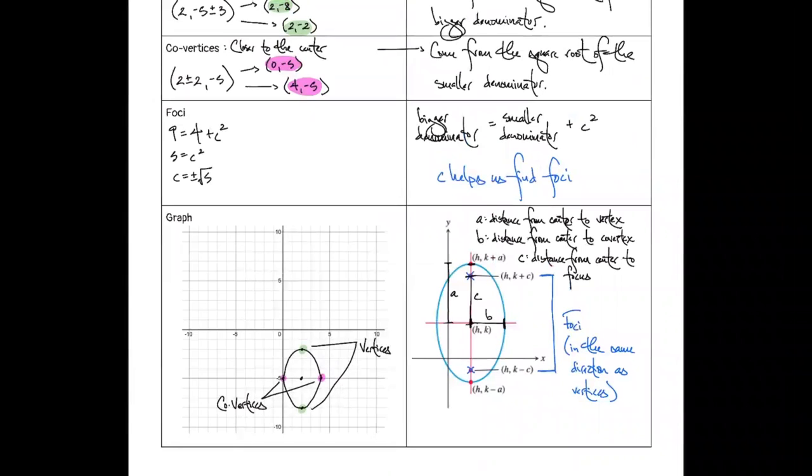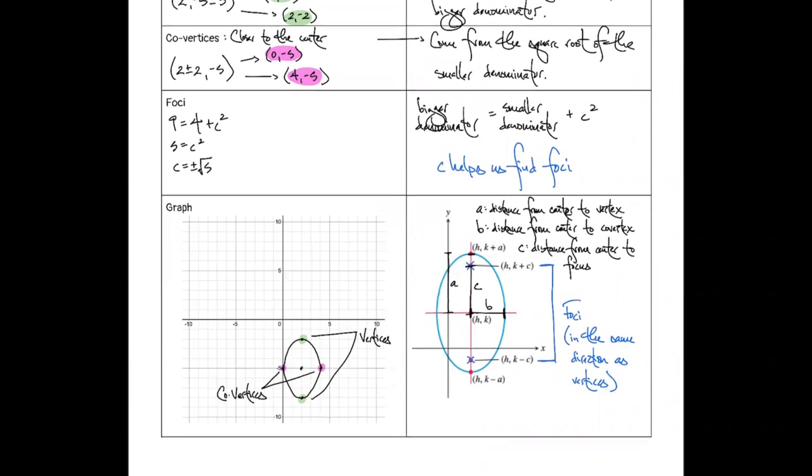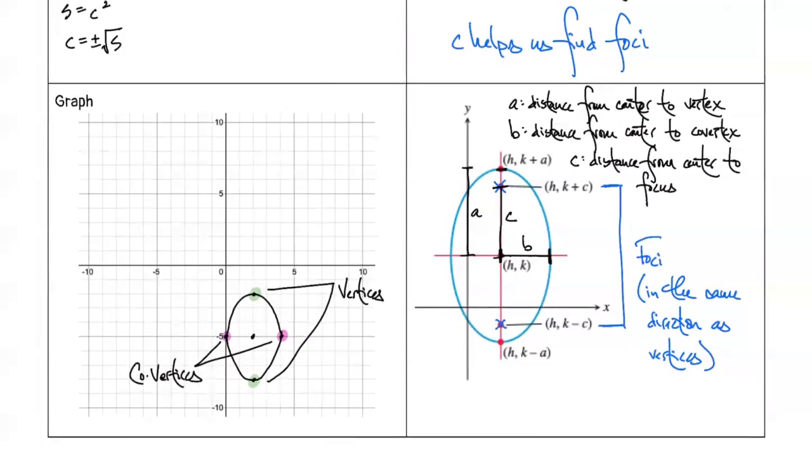Where do I add or subtract this square root of 5 from the center? Do I add it to the x values or do I add it to the y values? How did you know that? Why are we adding it to the y values? Because the major axis is vertical.